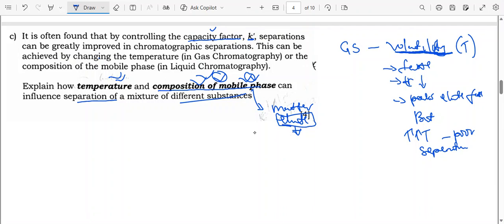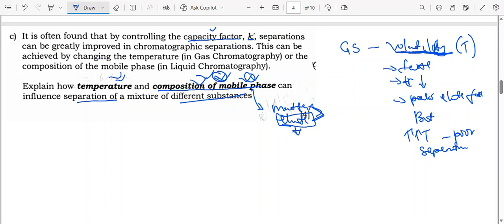Okay, so that is it about the distribution or the composition of the mobile phase, because when temperature is increased, the two compounds can be affected, and hence we need to pay attention to the composition of the mobile phase that we have made, especially the liquid mobile phase in liquid chromatography. Things like thin layer chromatography and paper chromatography use a liquid mobile phase.